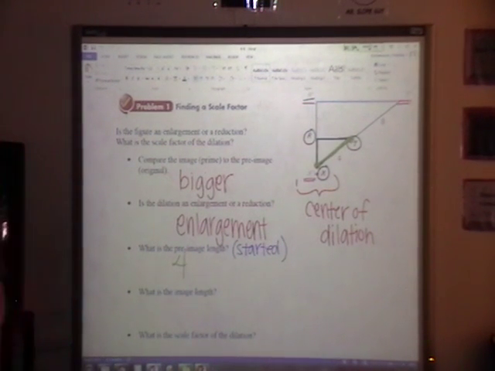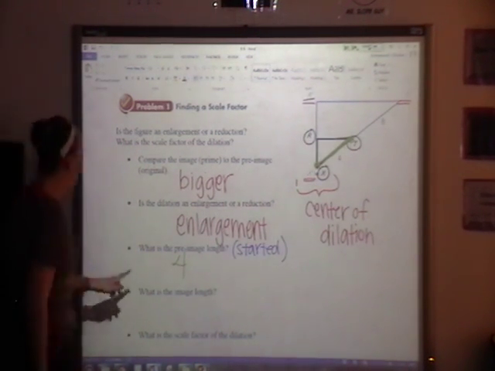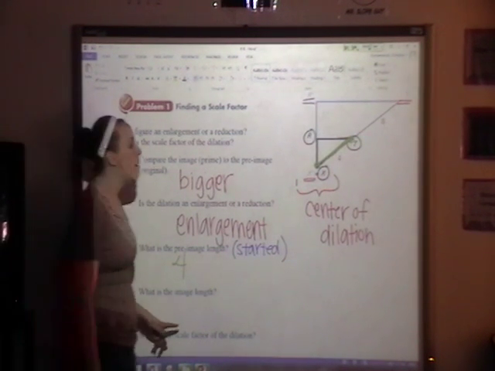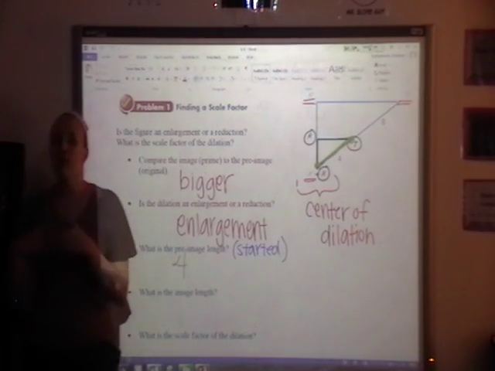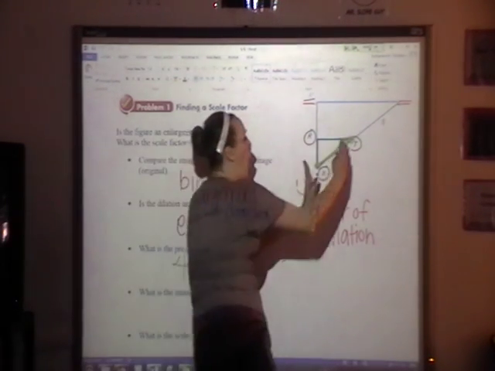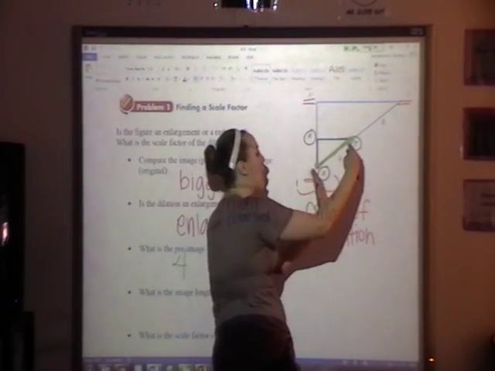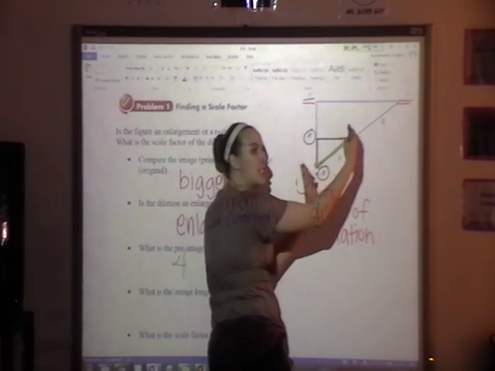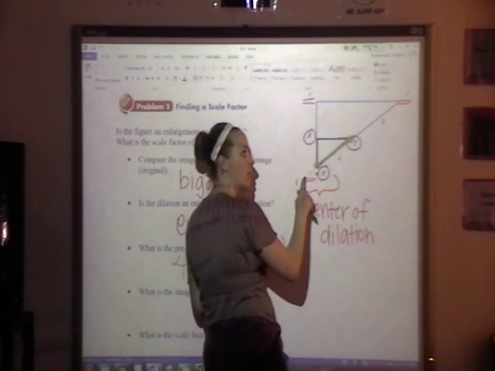And you divide it. What is the image length? 8. Okay, let's do it this way. Our length from our original triangle is XT. We now want to go to our image length, which should be X prime, T prime.